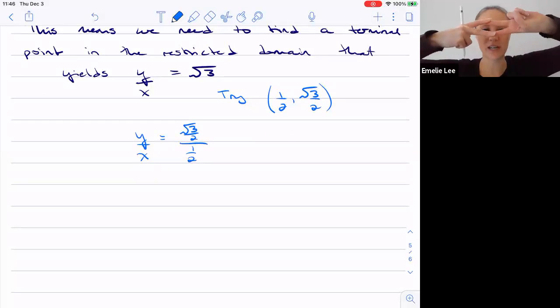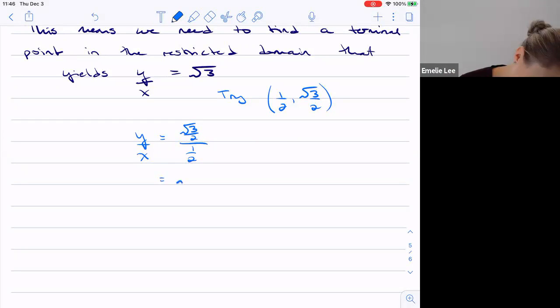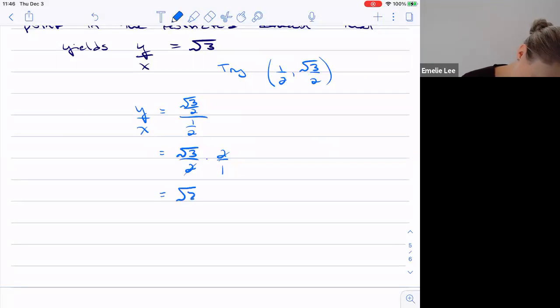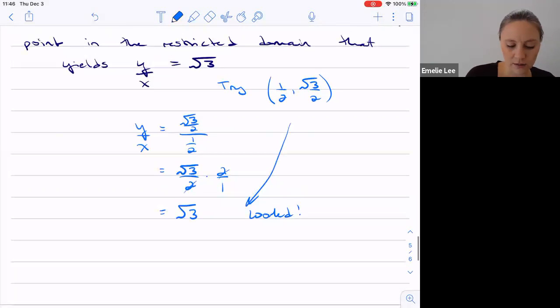Fraction over fraction, I can flip and multiply. Root 3 over 2 times 2 over 1. Those 2's cancel, and all of a sudden I have exactly what I wanted. Okay. So it worked. This point, this terminal point, is for pi over 3.